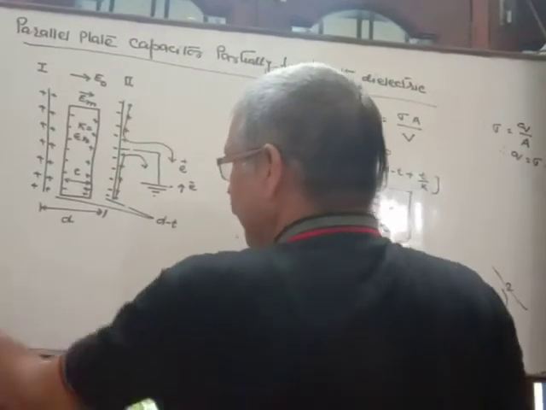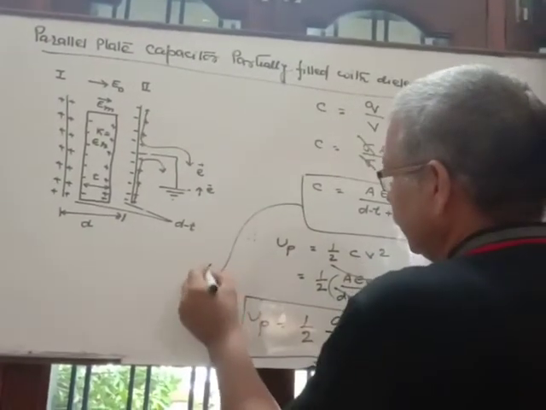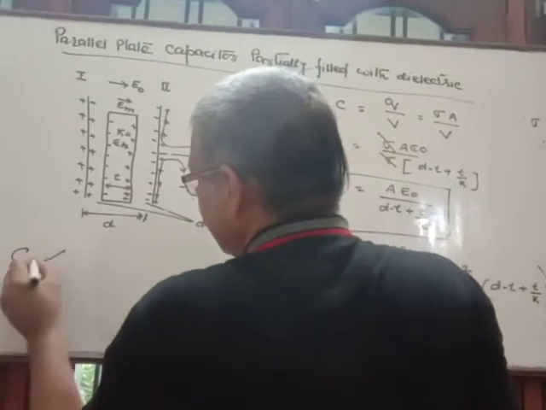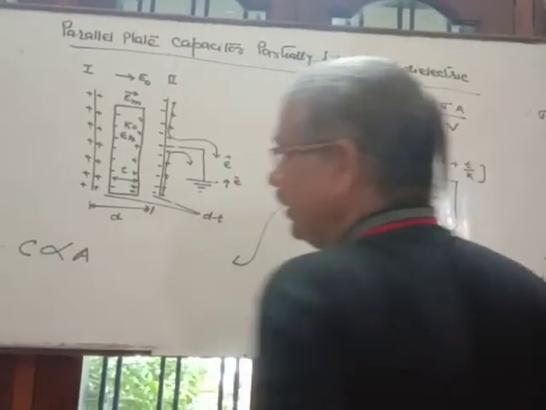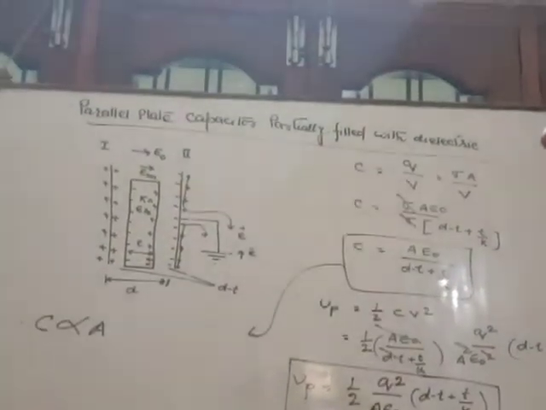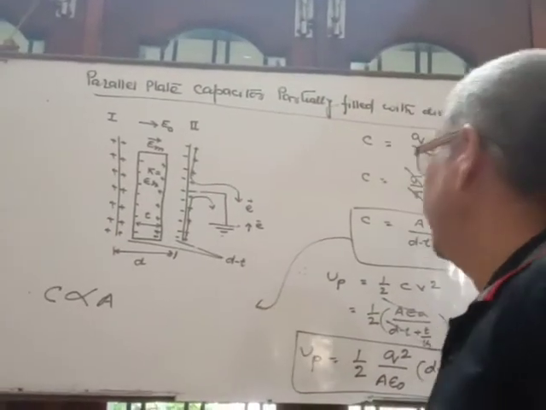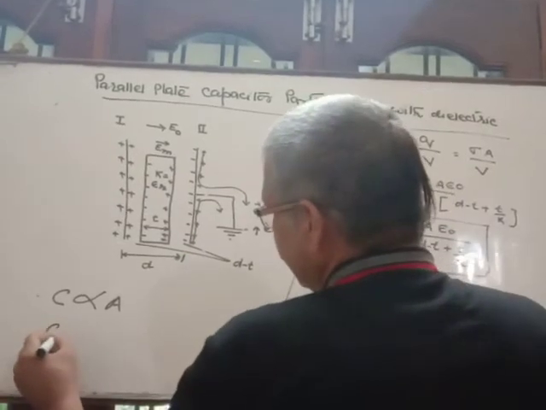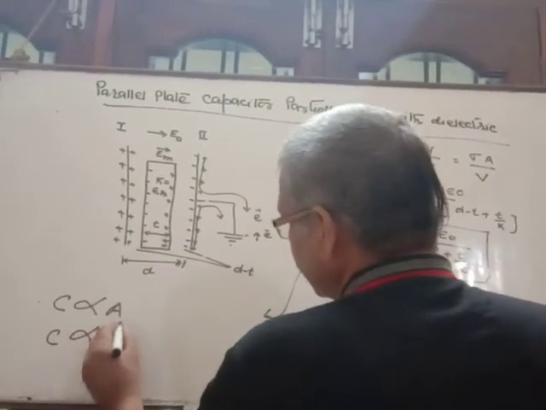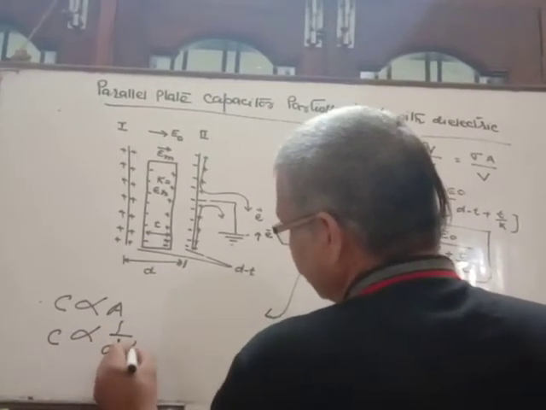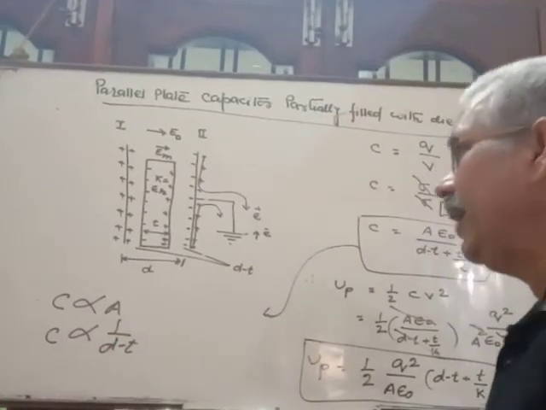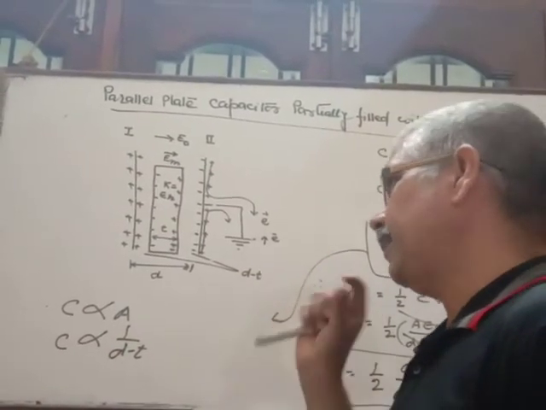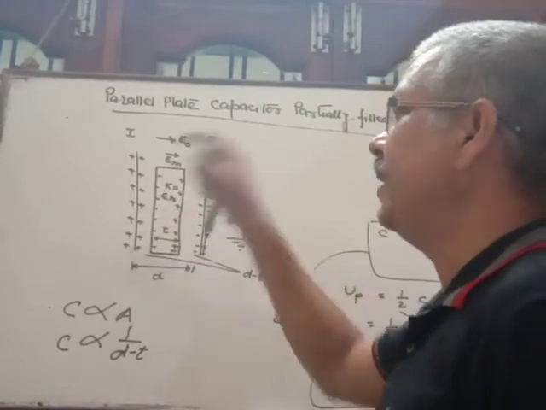Here, see the very important points from this result. C is proportional to A. It means if the area of the plates of the parallel plate condenser is more, its capacitance is more. C is inversely proportional to D minus T. D minus T means the space in between the dielectric and plates of the condenser.